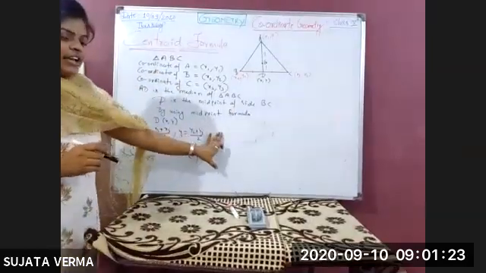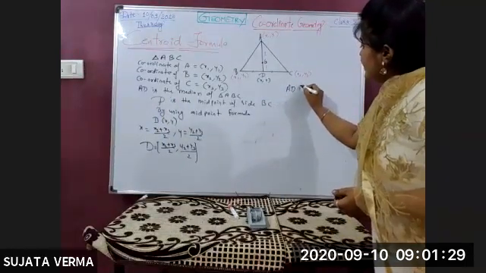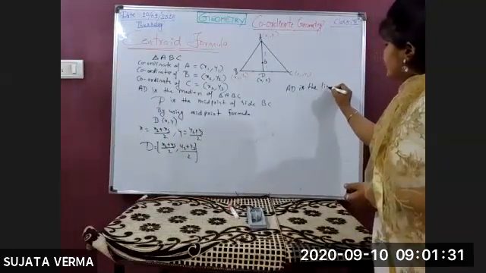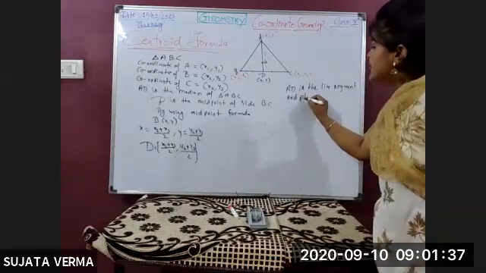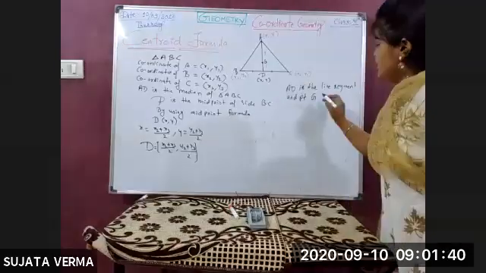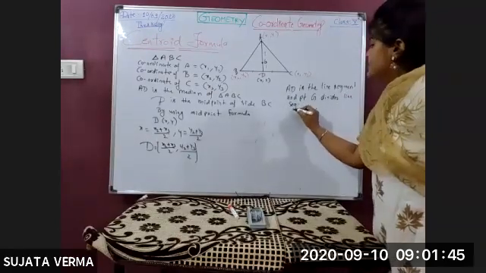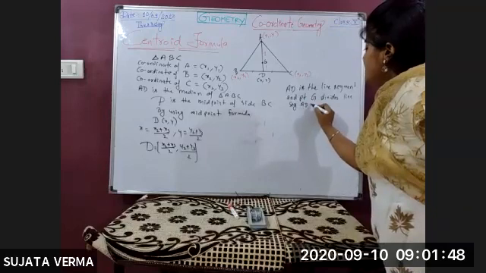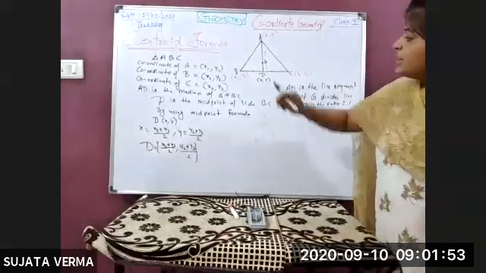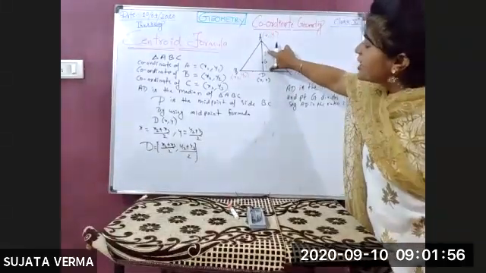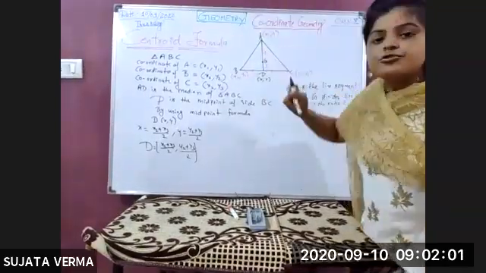So we say AD is the line segment and point G divides line segment AD in the ratio 2:1. Listen, in the centroid formula, it always divides in a constant ratio. It always divides in the ratio 2:1.